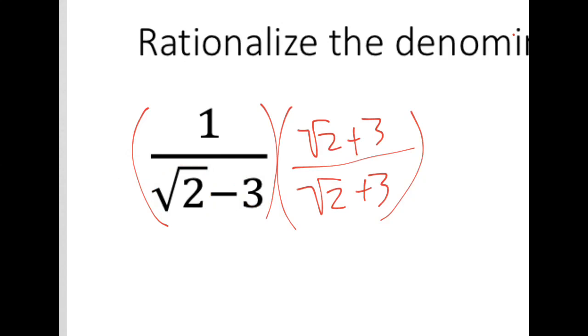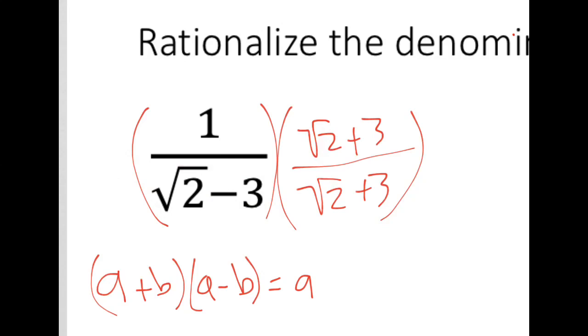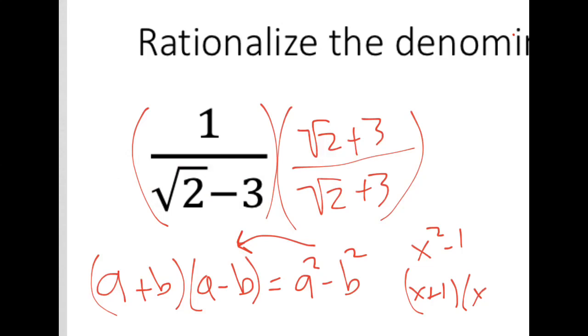When you multiply conjugates, a plus b times a minus b, we have a difference of squares. It becomes a squared minus b squared. And think about it, that's how we factor a difference of squares, like x squared minus 1 factors as x plus 1 times x minus 1.